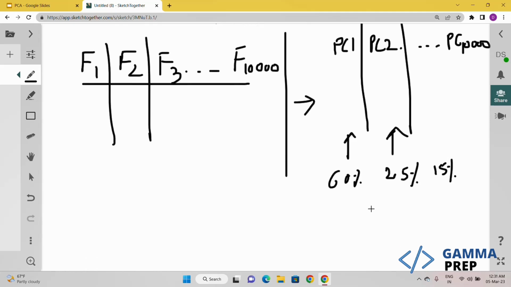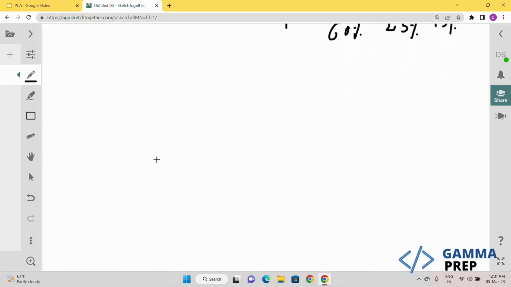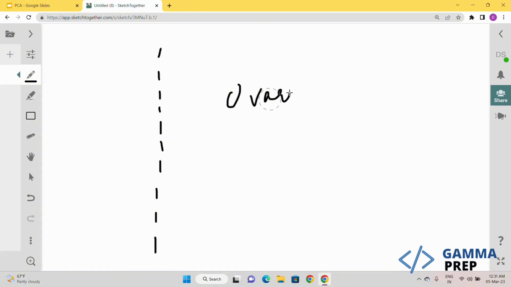Now, what do I mean by variability or information? Let's say we have a feature which is always one. Is that feature important for our analysis? No, it is not, because for all the records it's one. So here we have zero variability or zero information.